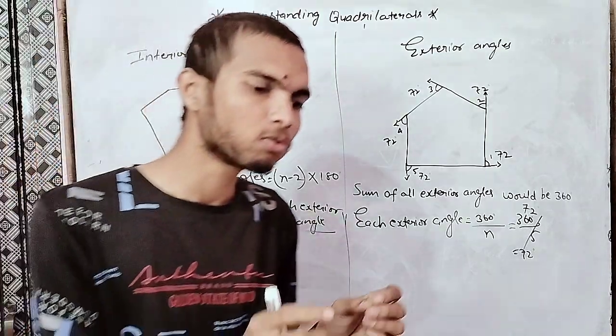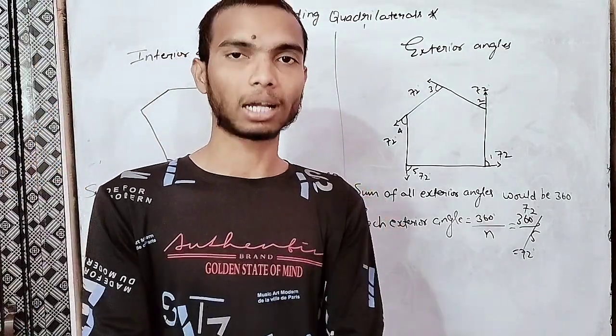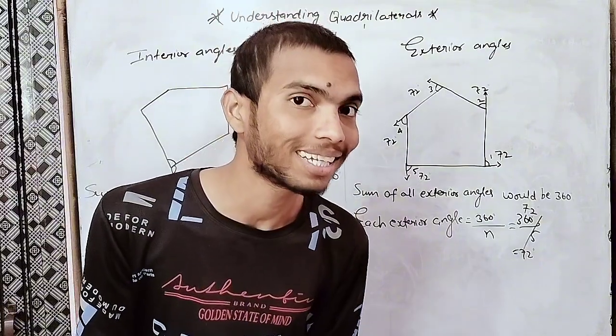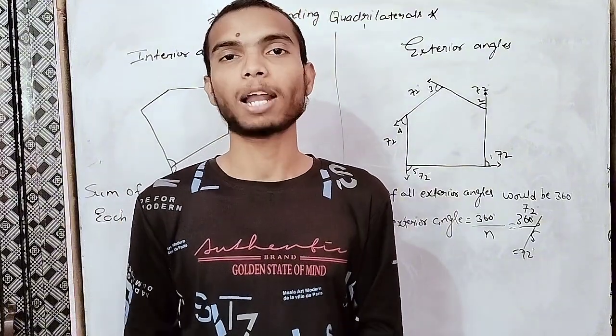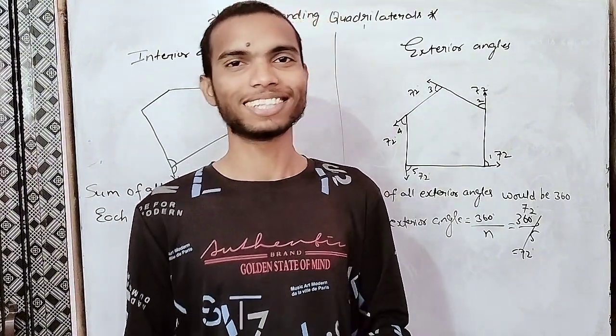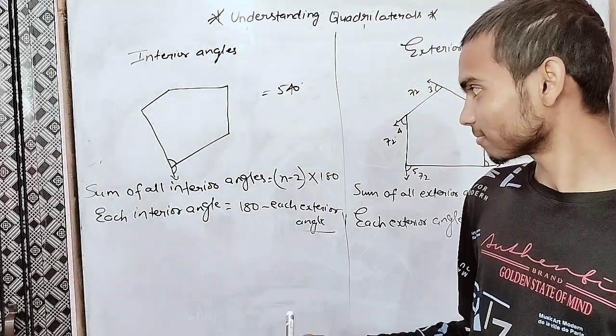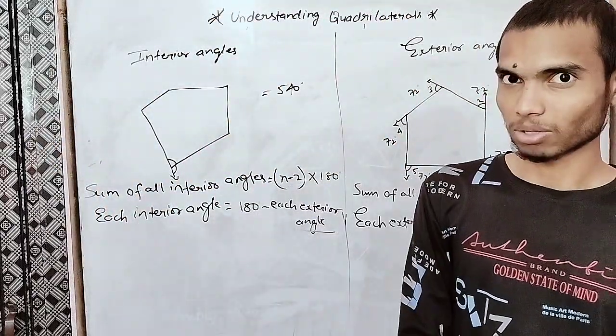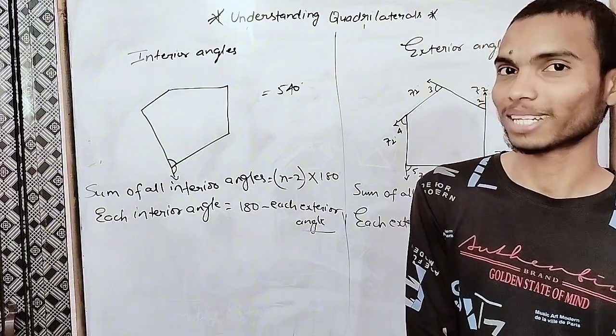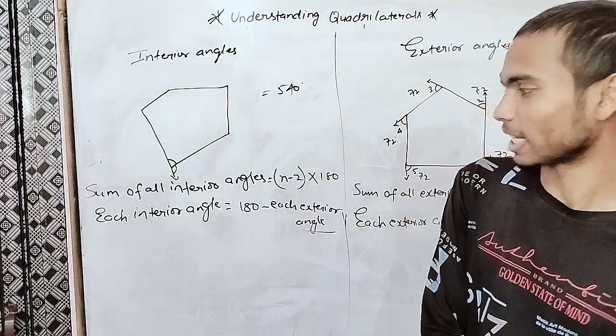Now, to find out the value of only one interior angle, we apply this formula: 180 minus each exterior angle.